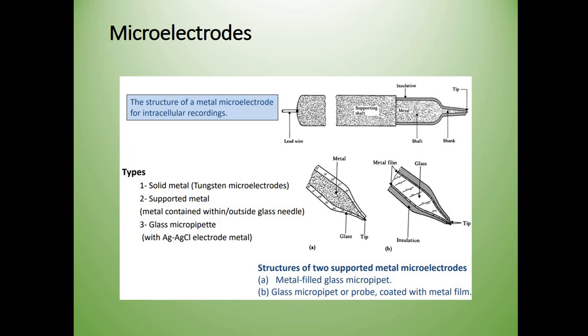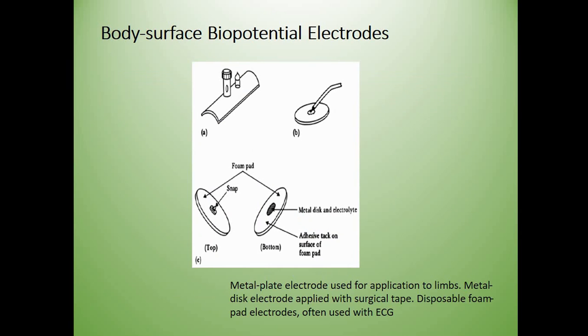So these are the different pictures of microelectrodes. As seen from the picture, the structures show metal-filled glass micropipet and glass micropipet coated with metal film. Second type of biopotential electrodes are the body surface biopotential electrodes.